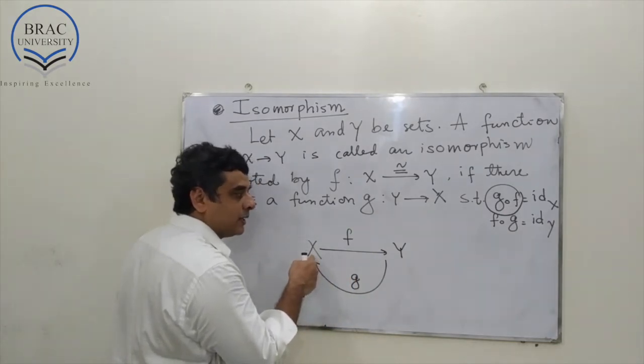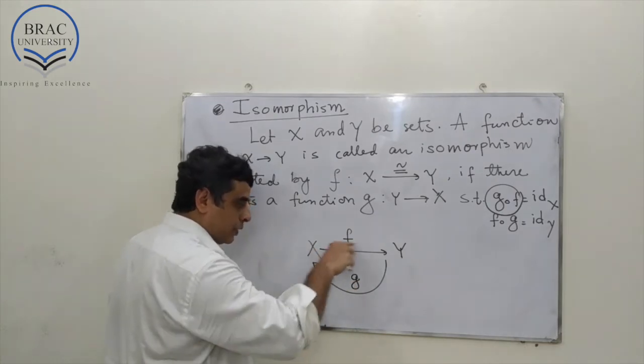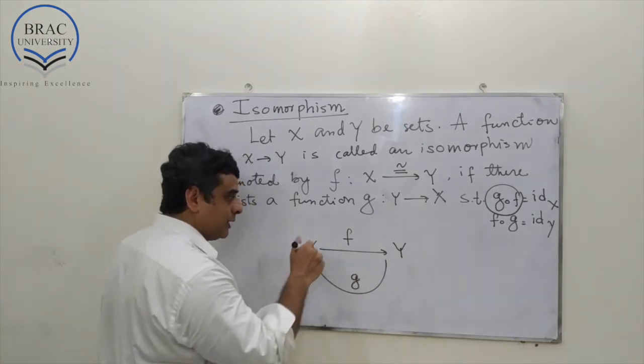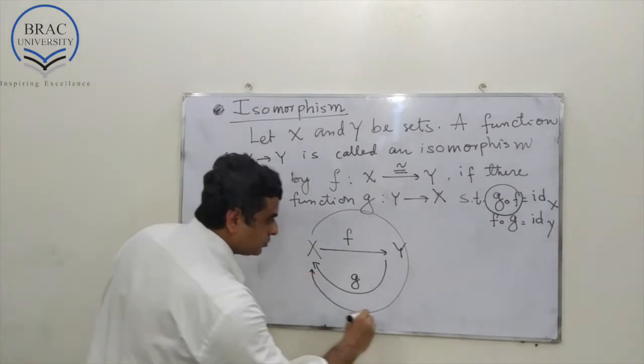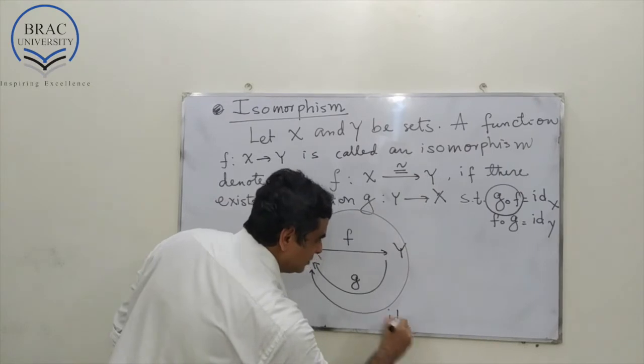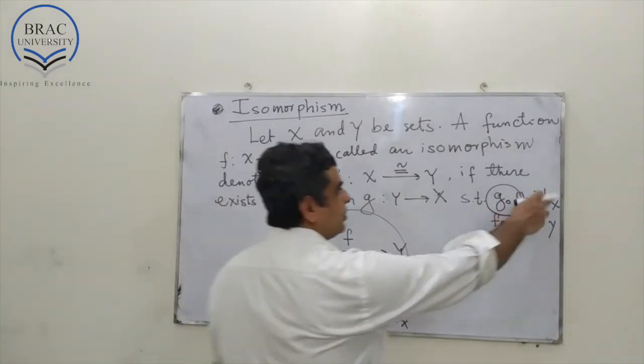And we demand that this composed function should precisely be the identity function on X. So this is the way to remember this.